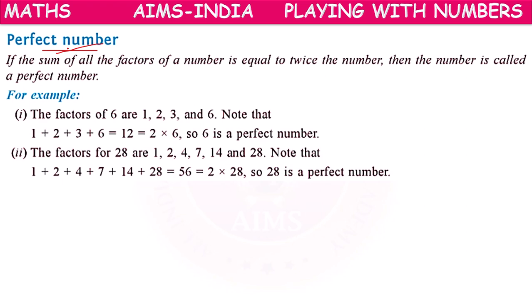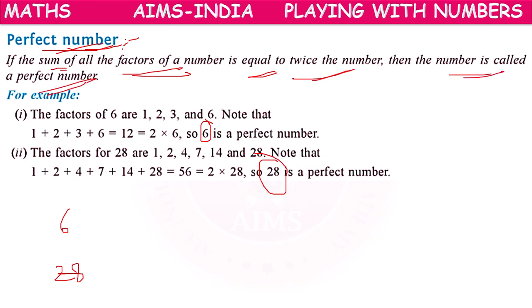Next, perfect number. Means if they have given a number like 6 or like 28, we have numbers like 6 and 28. If the sum of all the factors of a number is equal to twice the number, then the number is called a perfect number.